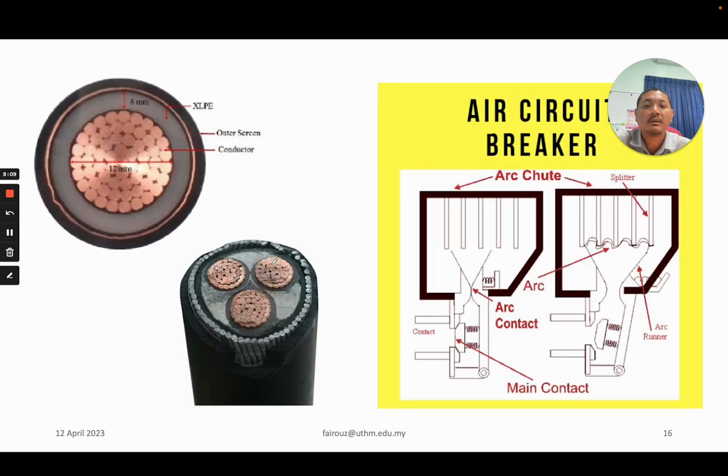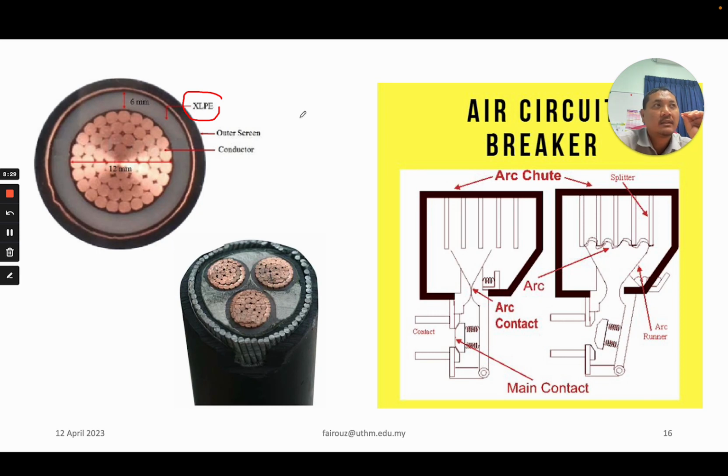So this is an example of underground cable. In underground cable, we use a material called XLPE as insulator. XLPE is solid insulation.